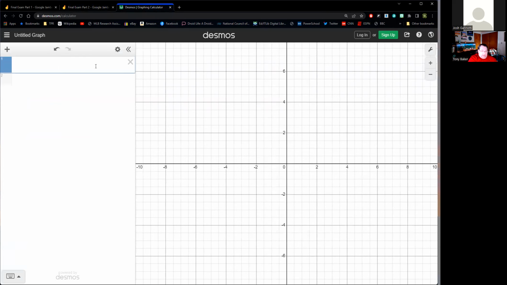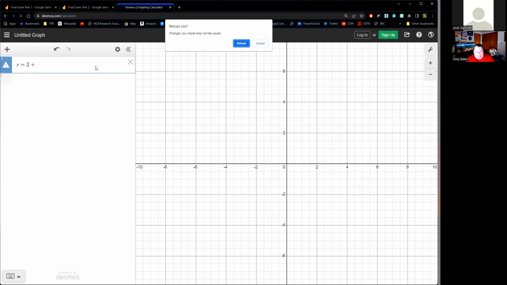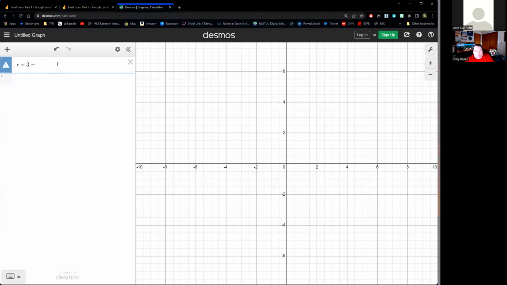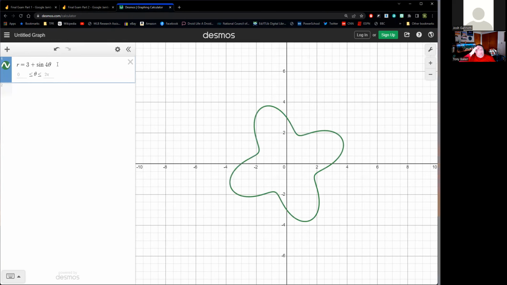So this one we've got r equals 3 plus sine 4 theta. And we've got our picture.